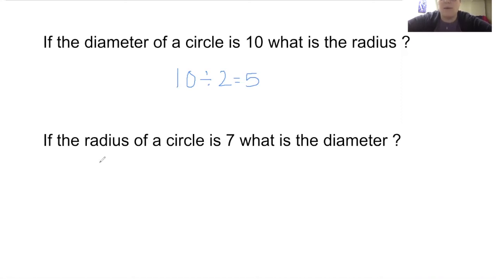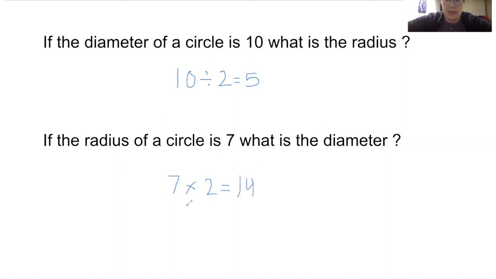If I have a radius that is 7, and I'm going to a diameter, so from radius to diameter, that's multiplying by 2. So radius is 7 times 2, which is equal to 14.